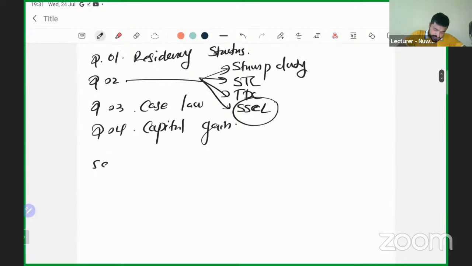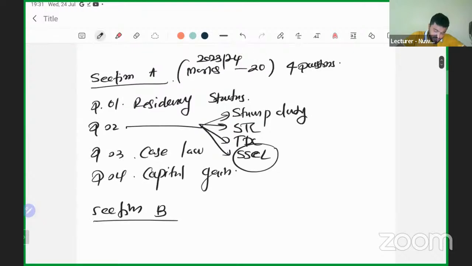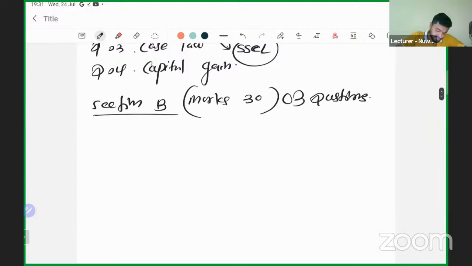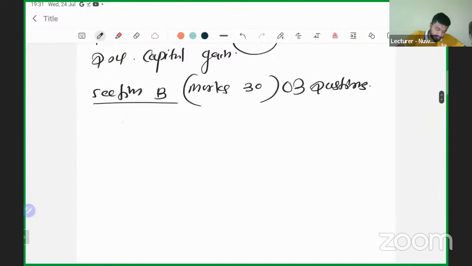Then section B: all questions are compulsory. There are no selections and no optional questions. For section B, there are 30 marks, 3 questions. Compulsory means absolute, that is, fixed questions are there: section 5, section 6, and section 7.